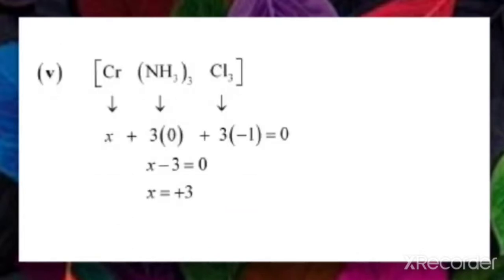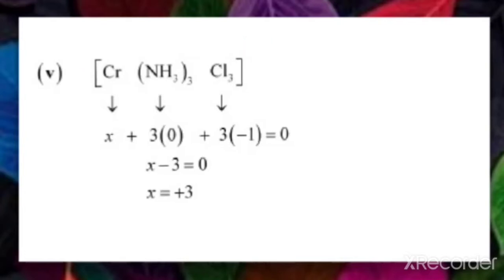Next, in this the central metal ion is chromium. We keep X for the oxidation number of the central metal ion, which we have to find out. 3, because here 3 ammonia are there, and 0 is the oxidation number for ammonia because it is a neutral ligand. So 0 plus 3 into -1 is equal to 0. Now why have we taken it equal to 0? Because there is no charge on the complex and there is no counter ion.